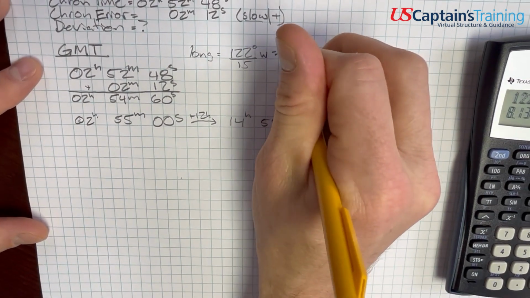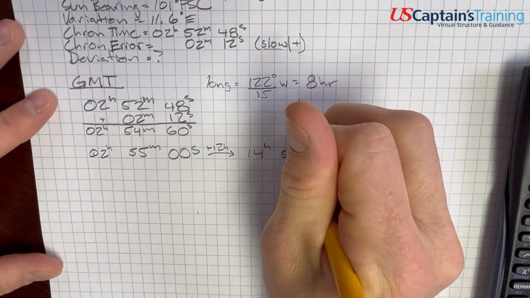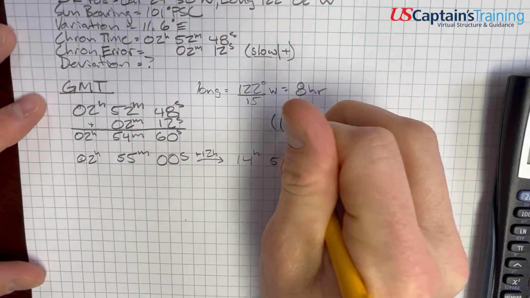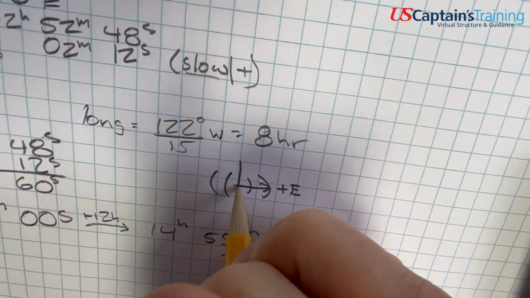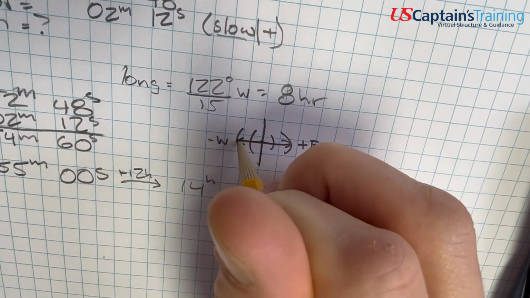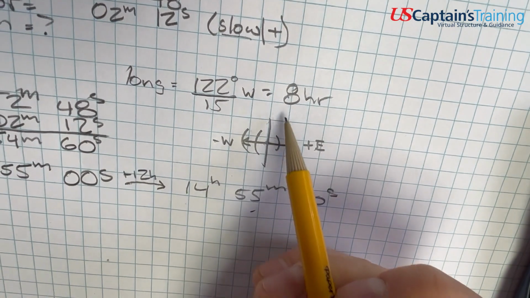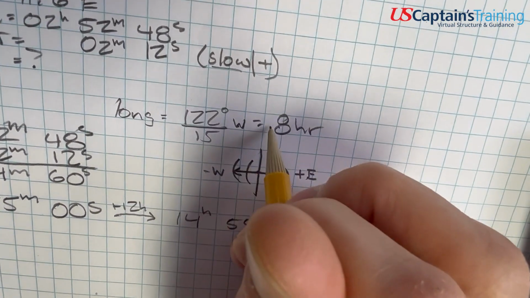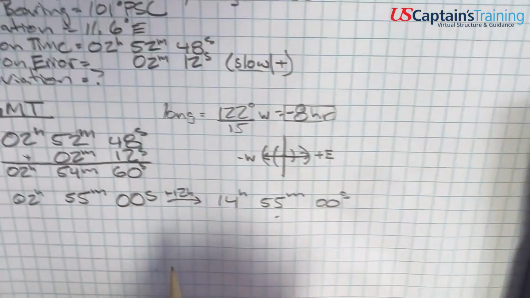So this is just 8 hours. Now, are we going to add or subtract that 8 hours? If these are time zones, to the east, we add. And if we're west, we subtract. You can think if you're in New York and you talk about California, their time is earlier. They subtract. So this is going to be west.